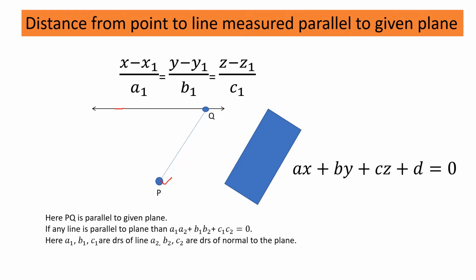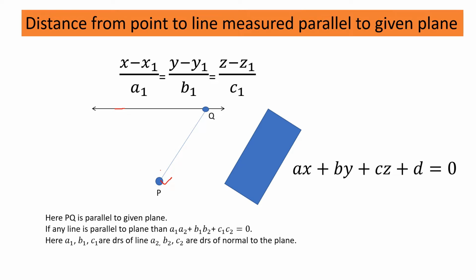Now they are asking the distance from P to line measured parallel to given plane. But most of you get confused and take the perpendicular distance from P to given line. That is wrong. Clearly they mentioned distance from point to line measured parallel to given plane.